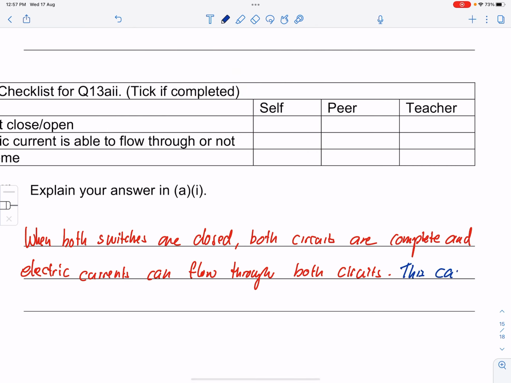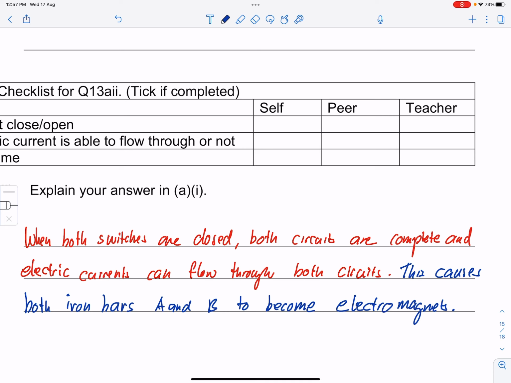This causes both iron bar A and B to become electromagnets.